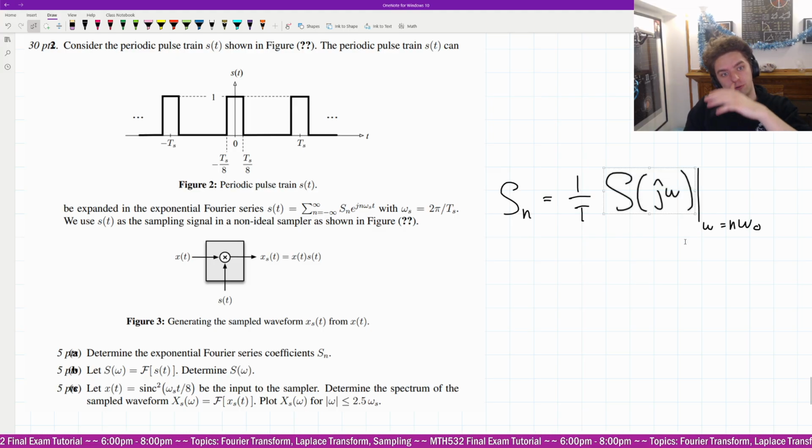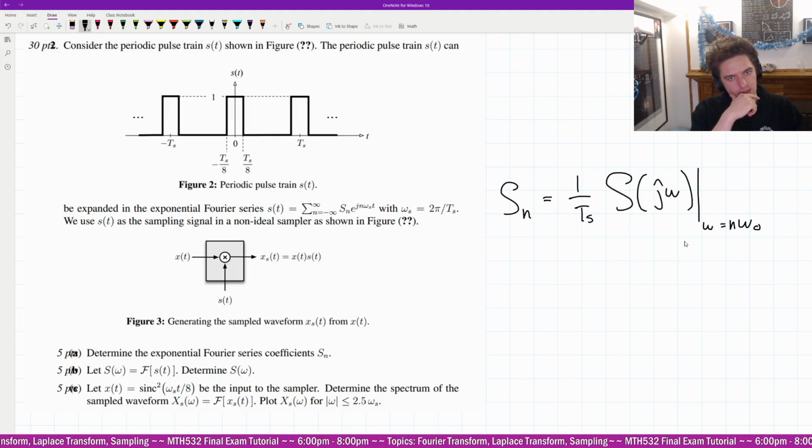The Fourier series coefficients of the repeating pattern are just 1 over the period, which in our case is Ts, times S of j omega, evaluated at n omega naught. So we have to find this, evaluate it at j n omega naught, and then multiply by 1 over Ts.